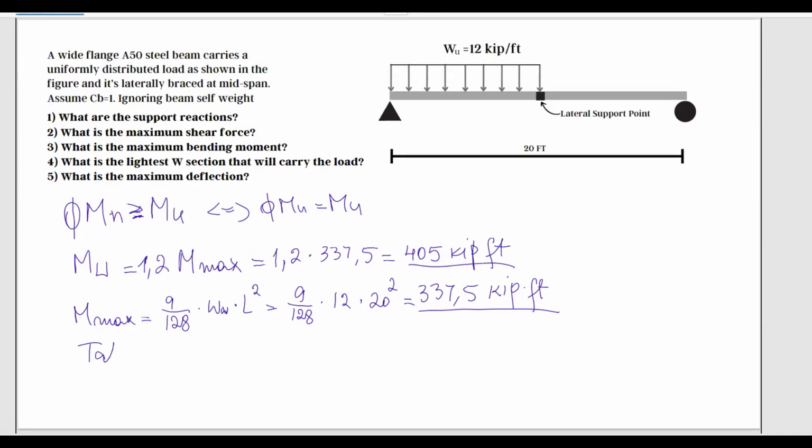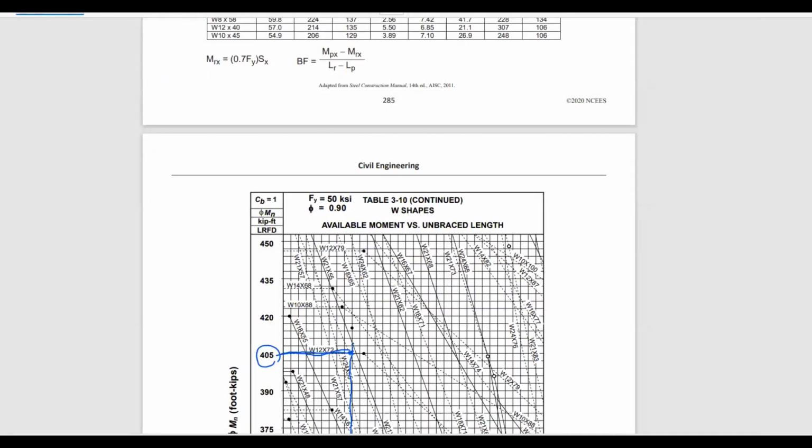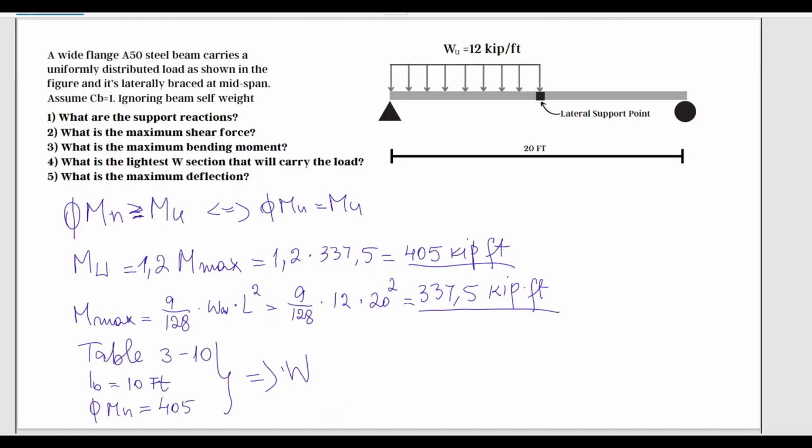From table 3-10, from the fact that our unbraced length, Lb, equals 10 feet, and phi Mn equals 405, it results that the W section that can carry the load is, let me go back because I forgot, W21x55. And this is how you use the table.